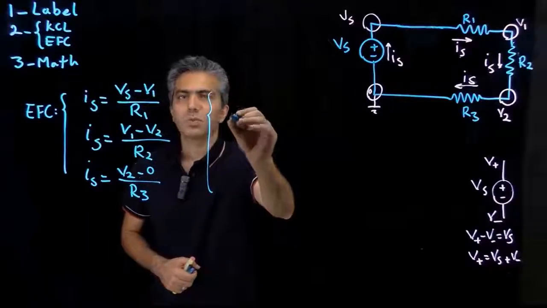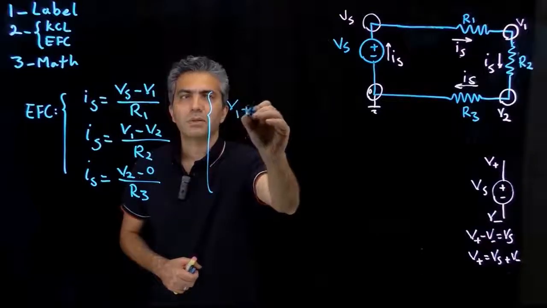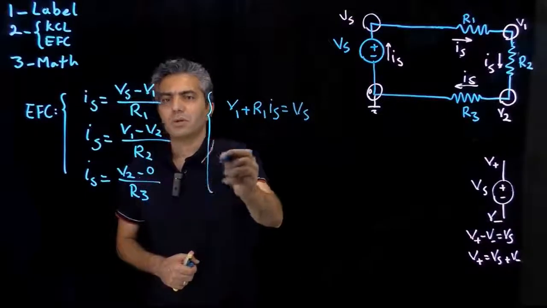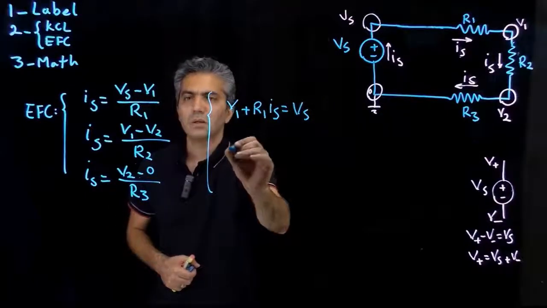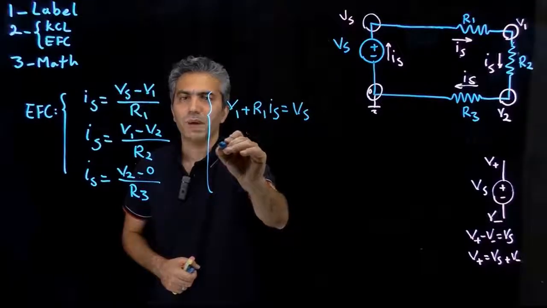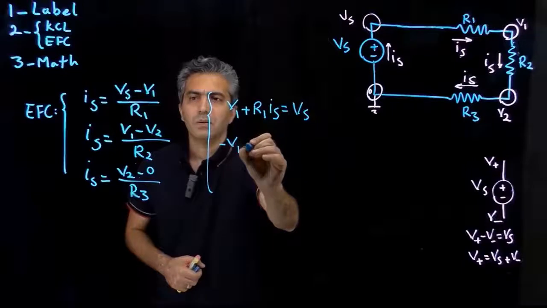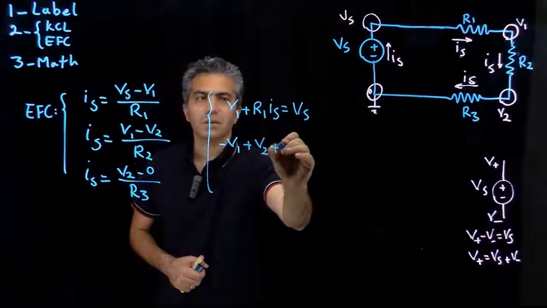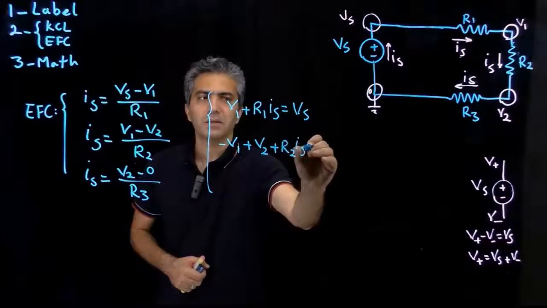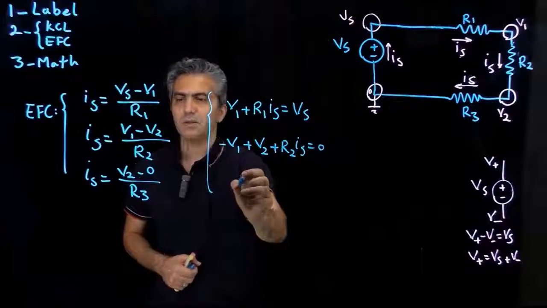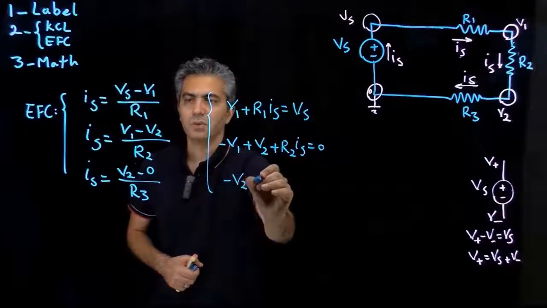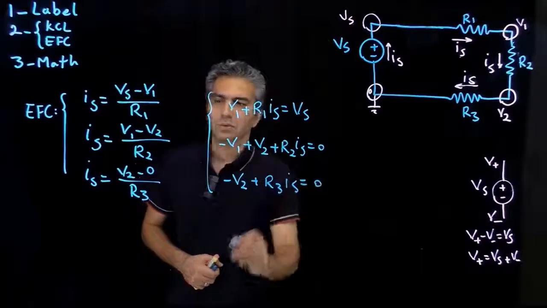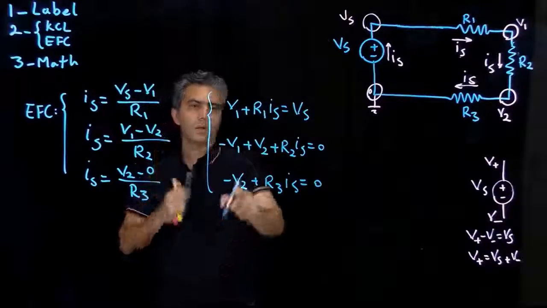So the first equation would be V1 plus R1IS is equal to VS. The second equation would be minus V1 plus V2 plus R2IS is equal to 0. Finally, the last equation is minus V2 plus R3IS is equal to 0. So I've moved everything to the left.